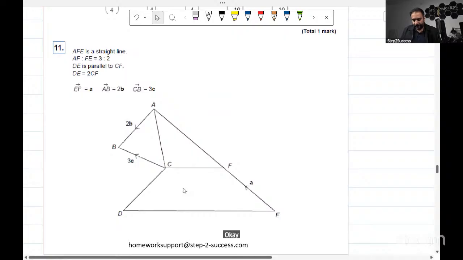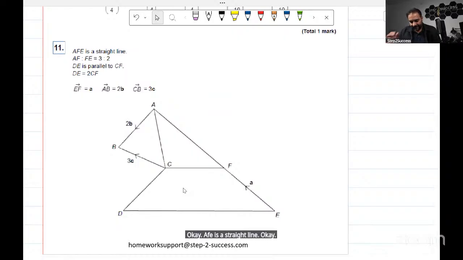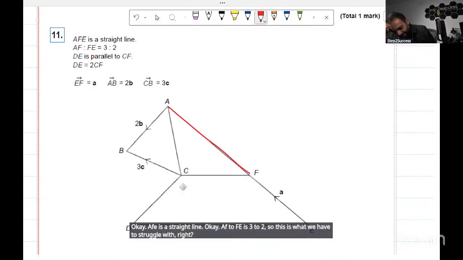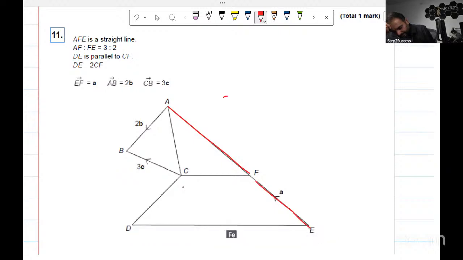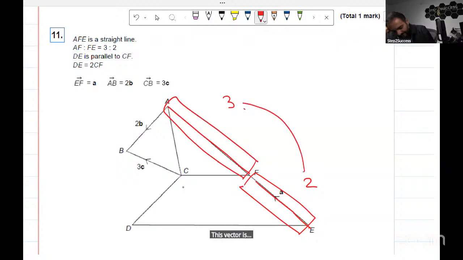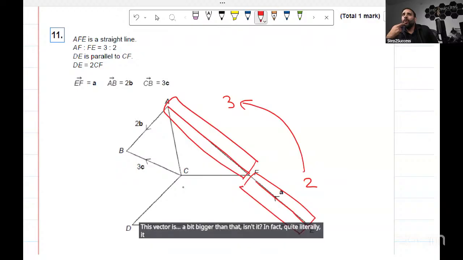AFE is a straight line. AF to FE is 3 to 2. So this is what we have to struggle with. AF, FE is in the ratio 3 to 2. So if they've told you that this vector is A, this vector is a bit bigger than that. In fact, it is 1.5 times bigger than that because 2 times 1.5 gives you 3.